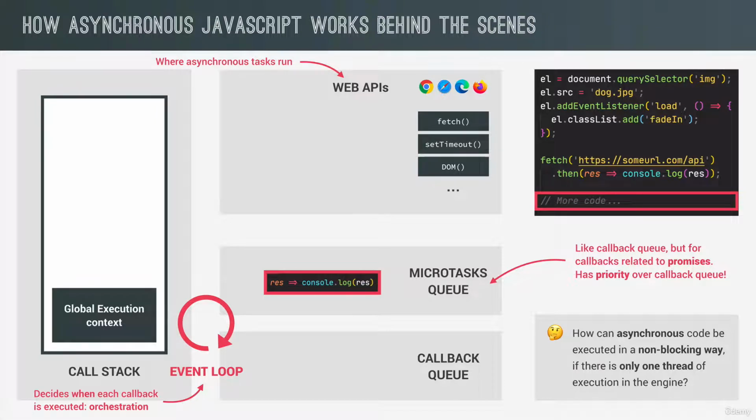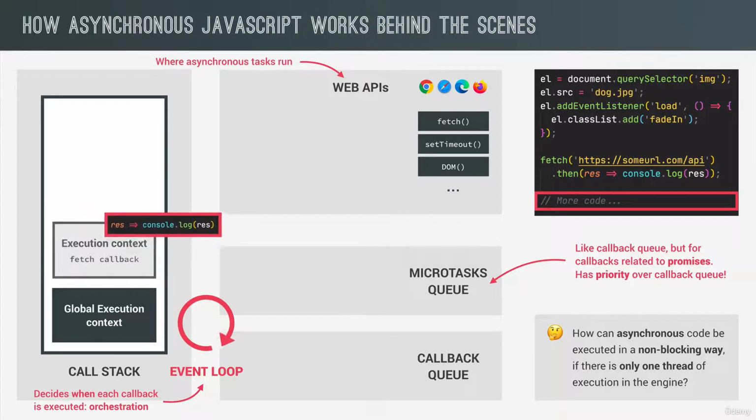And by the way, we call these callbacks from promises microtasks, and therefore the name microtasks queue. And there are actually other microtasks, but that's not relevant here. So going back to our example, currently we actually do have a microtask sitting in a microtasks queue. The call stack is also empty, and therefore the event loop will now take this callback and put it in the call stack, just like it does with callbacks from the callback queue.